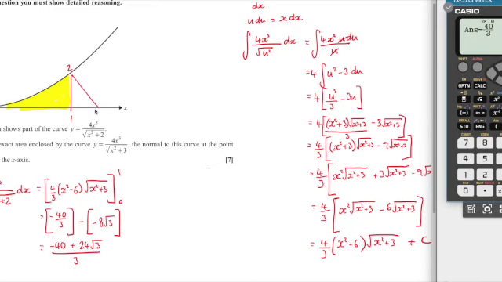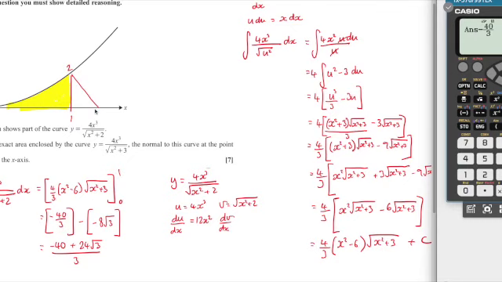So if y is 4x cubed over root x squared plus 2, that's a quotient rule. So u is 4x cubed, v is root x squared plus 2. du by dx is 12x squared. dv by dx, that's chain rule.